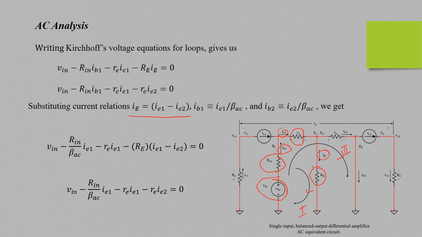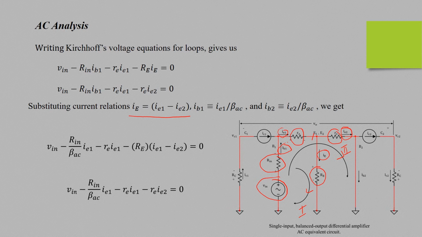Now for the second loop, Vin minus Rin into IB1 minus re into IE1, this is the same up to this point, and after that it is RE into IE2. This is equal to 0.